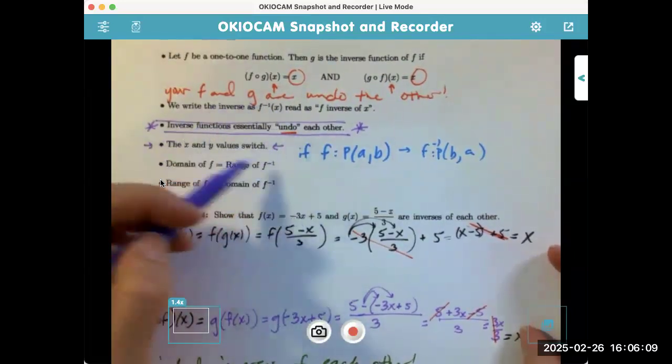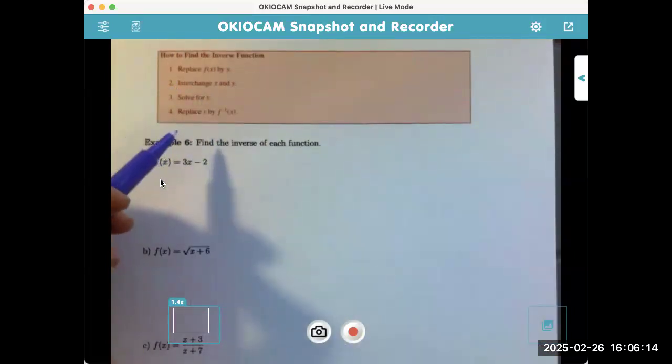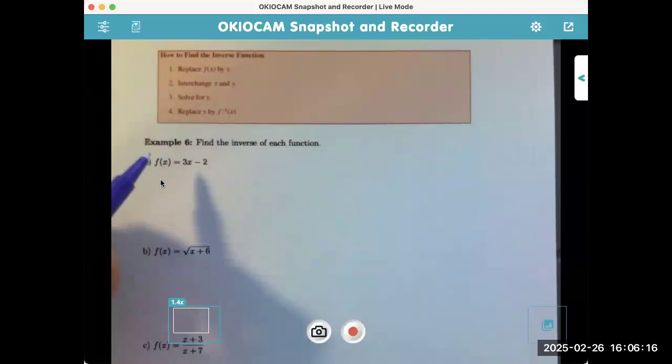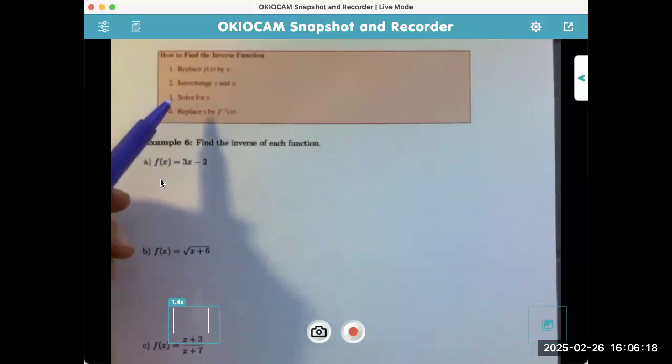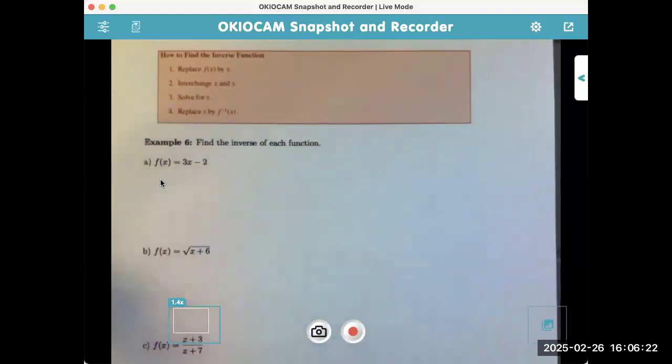So we are using this idea to help us find and solve inverse functions. Then we basically just solve for the new y, and now you write f inverse instead. So hopefully it seems easy, but it can get a little squirrely.